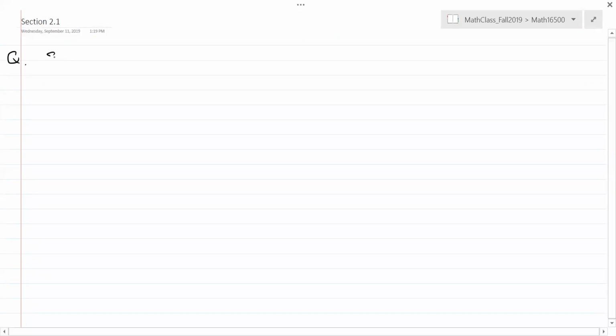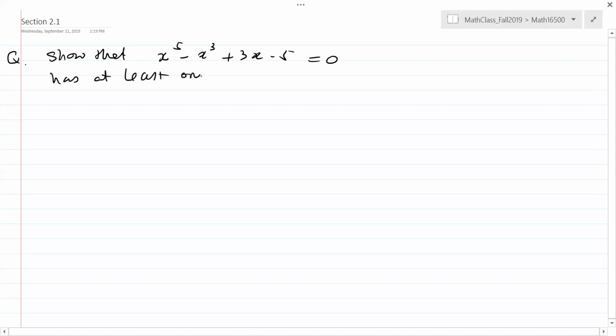Show that this equation, x to the fifth minus x cubed plus 3x minus 5 equals 0, has at least one root in the interval from 1 to 2.